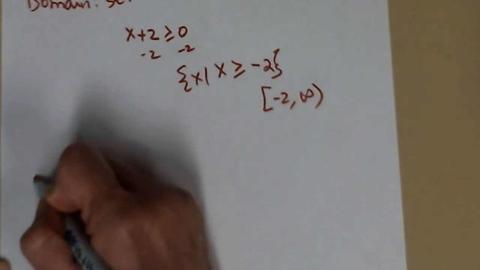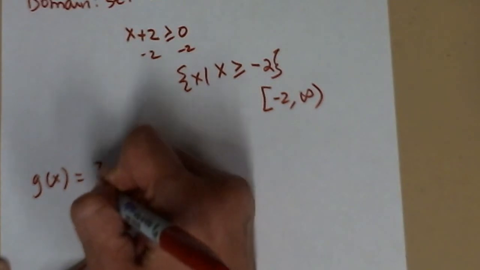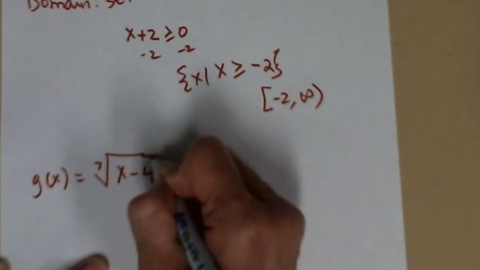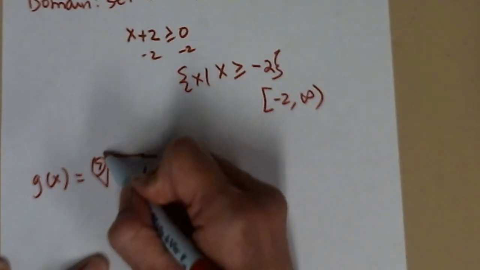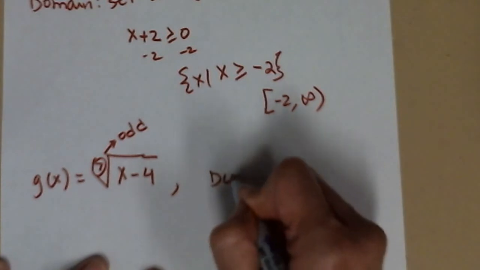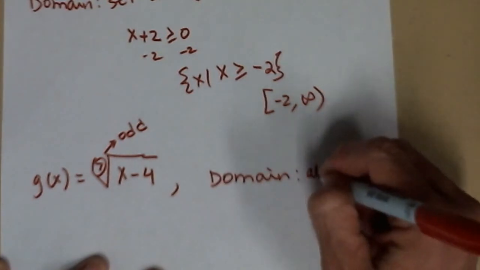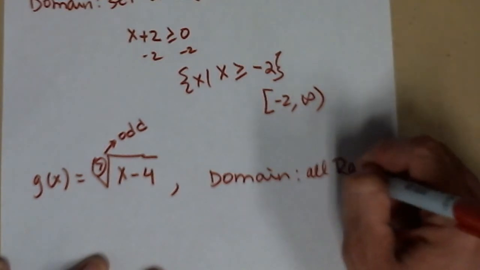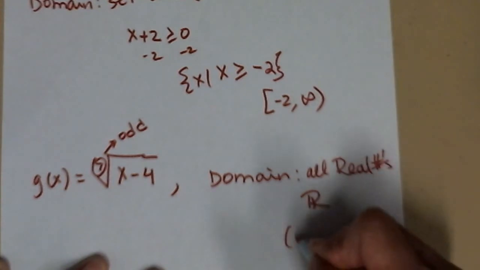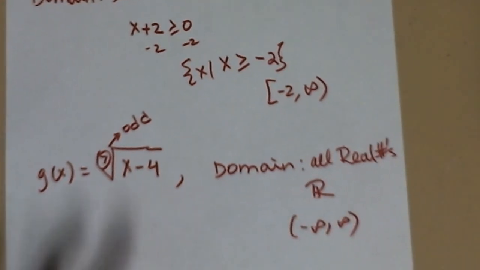And if your index is odd, it doesn't matter what odd number you put in there, how about the 7th root of x minus 4? 7 is an odd number, therefore your domain is all real numbers. Or this, something that looks like that.